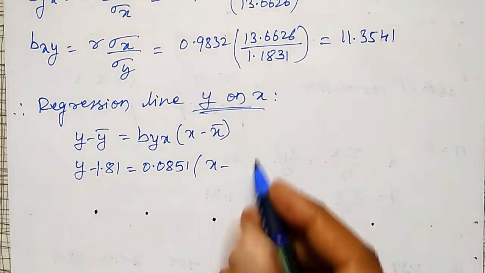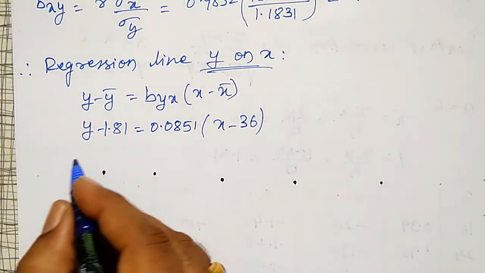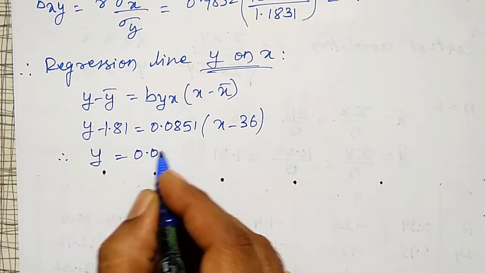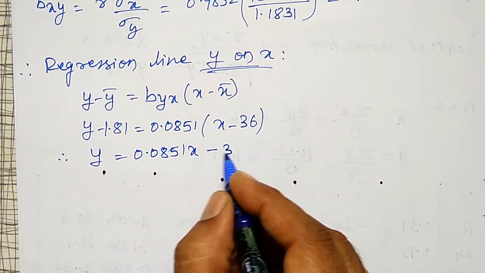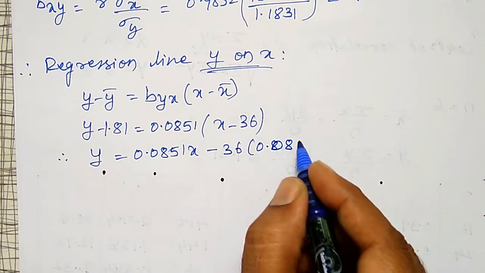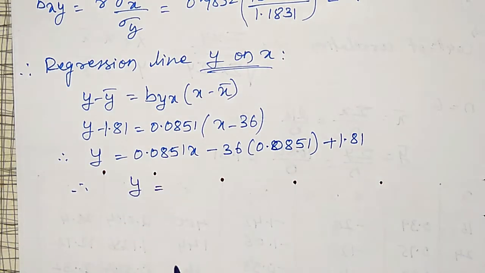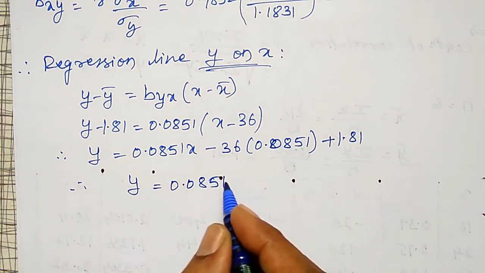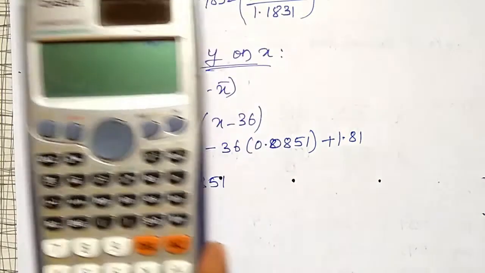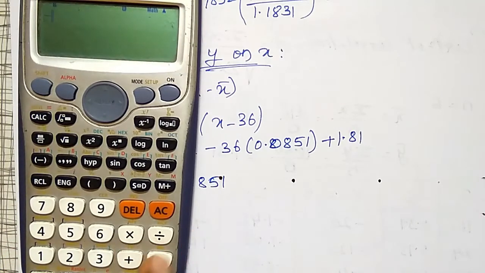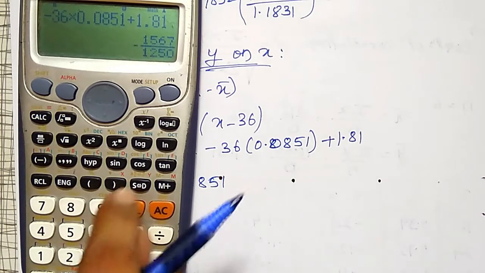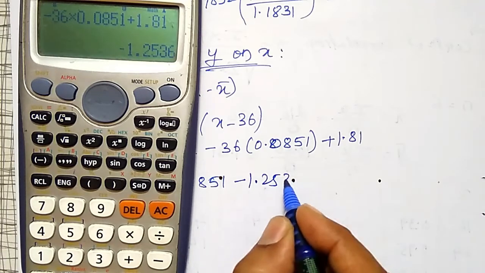Simplifying, y equals 0.0851 times x minus 36 into 0.0851 plus 1.81, and it comes out to be minus 1.2536.